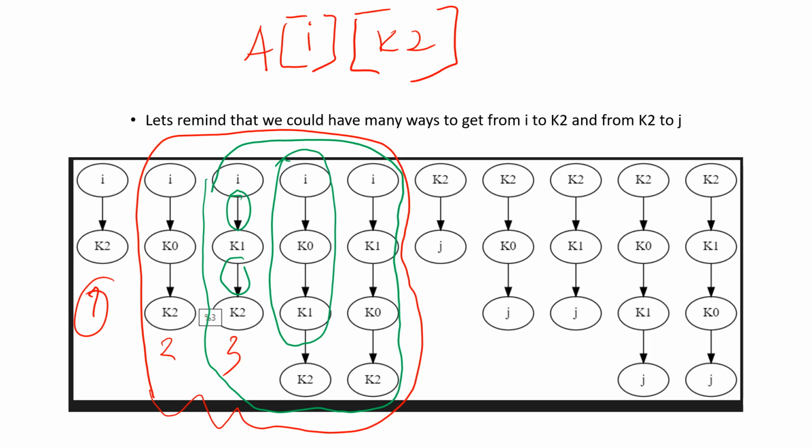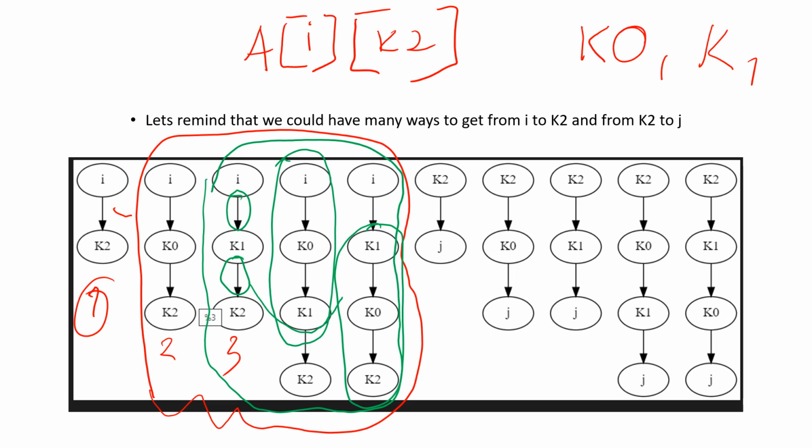And also this path here could be now this path. But the general point is we always have each node pair represented as the shortest path ever, considering all the options of K0, then K1.